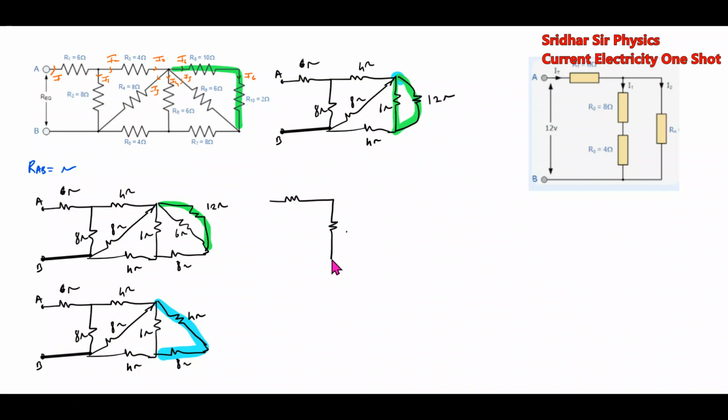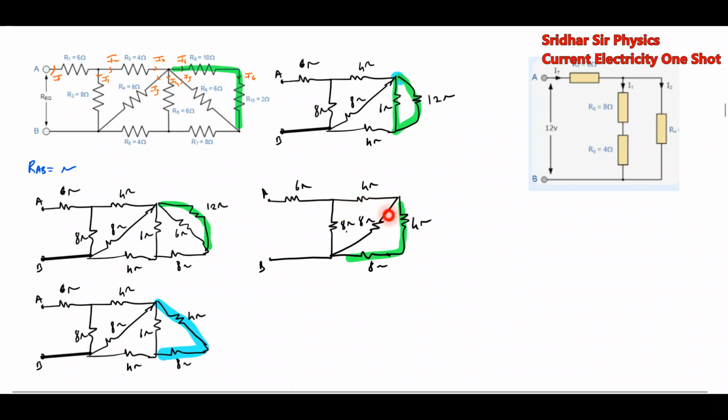4 ohm. This is 8 ohm, this is 8 ohm, and this is 4 ohm. These two we have replaced here. Now how are these two? The effective of 6 and 12 will be 4 ohm.